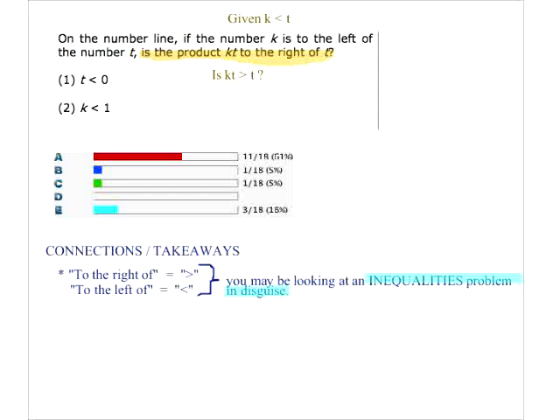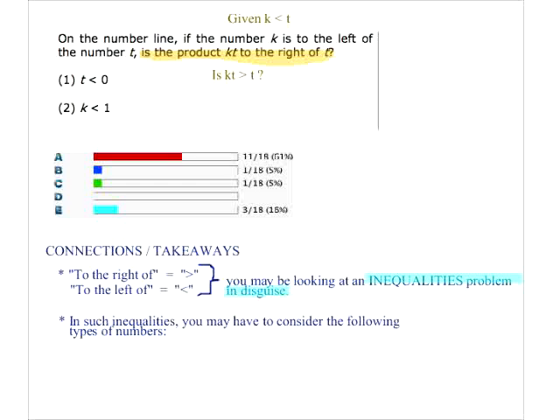So PNZ, positive, negative, 0, very true. And then also fractions. So, right. In such inequalities, you may have to consider the following types of numbers.